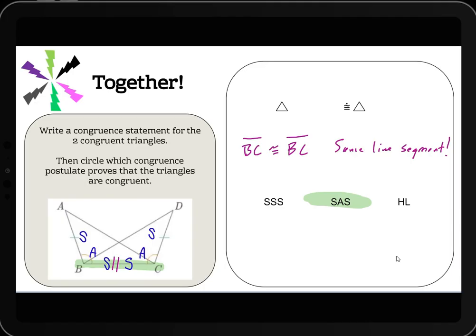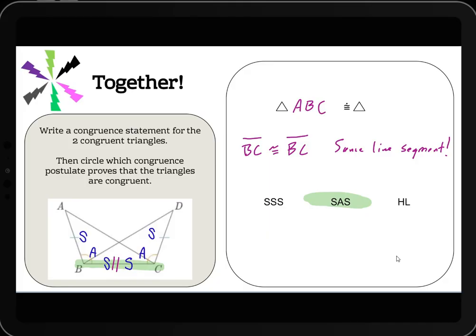Now, remember what I said about congruent statements. The order matters. However, when you write out the congruent statement, the first three letters of your triangle usually won't be as picky, because if you start off with ABC or ACB or BCA, it doesn't matter.